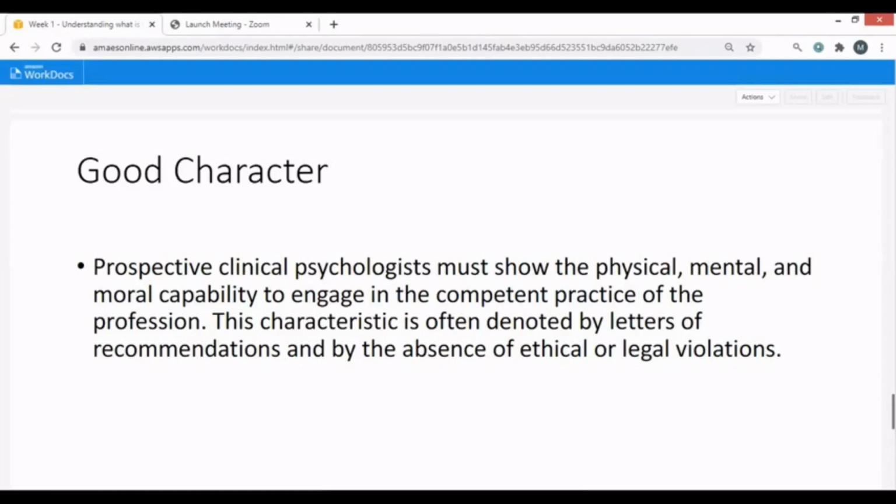This publication offers guidance on ethical concerns related to competence, human relations, privacy, confidentiality, record keeping, education and training, therapy, and many other situations. It is especially useful in navigating the gray areas that invariably come up in the practice of clinical psychology.